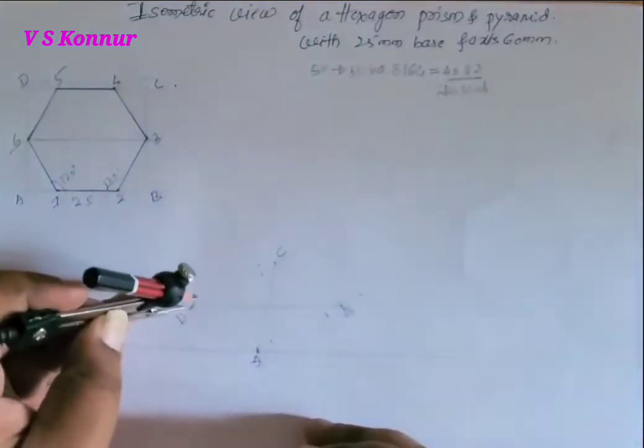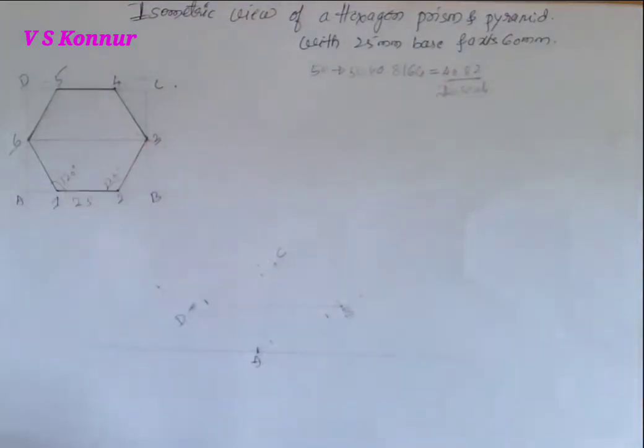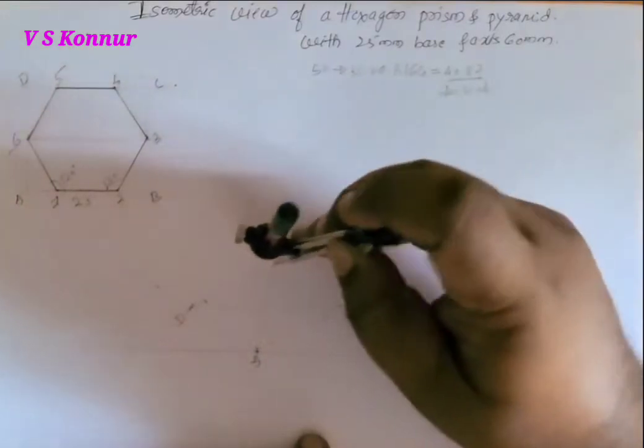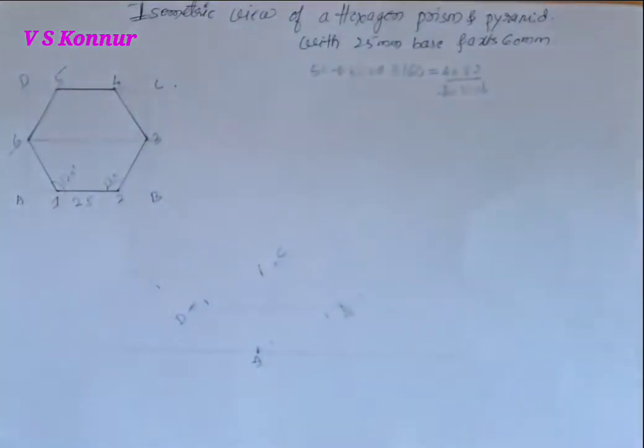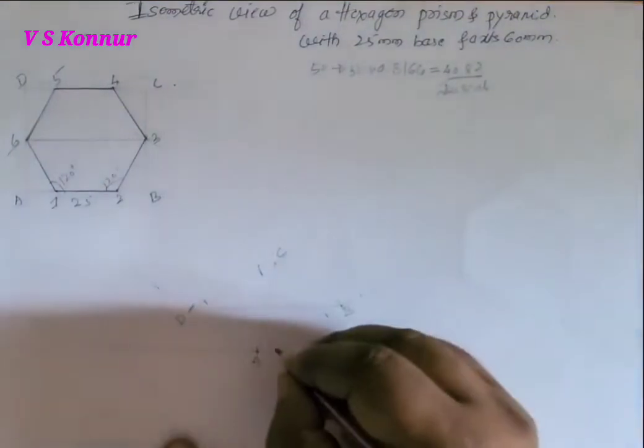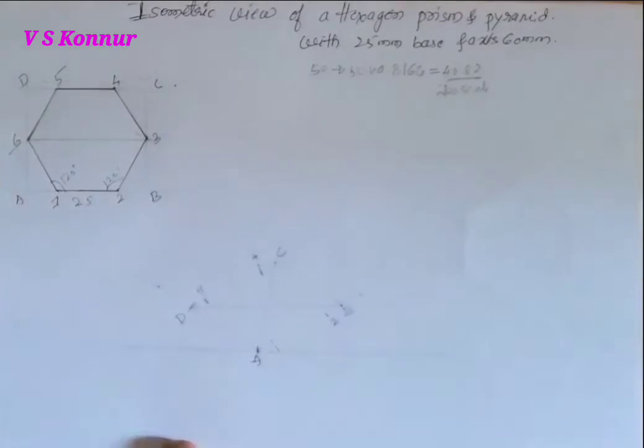By keeping at D also you have to cut. So we got first point, second point, fourth point, fifth point, and third and sixth we have to measure the length first.